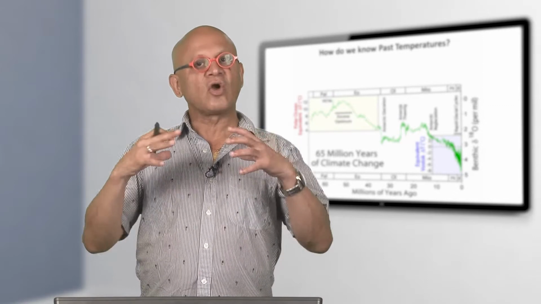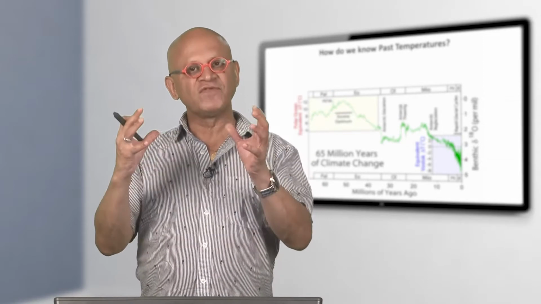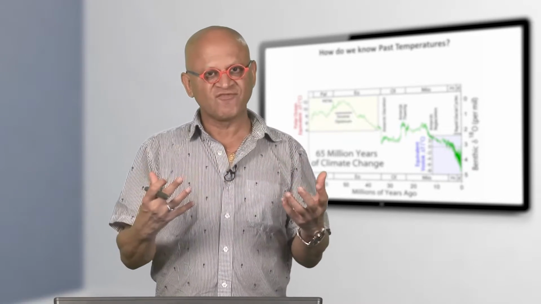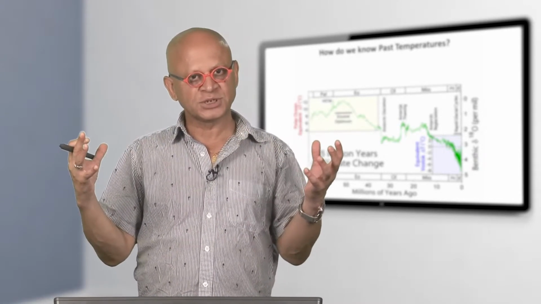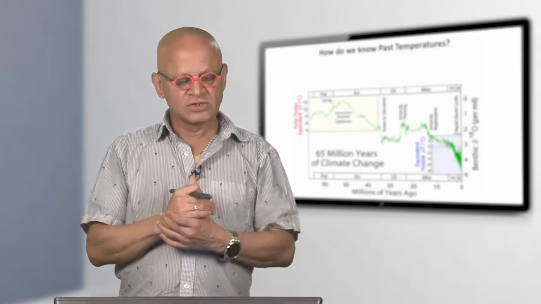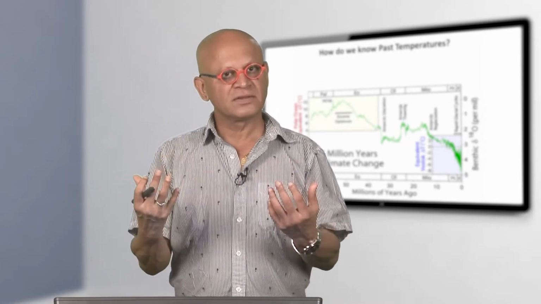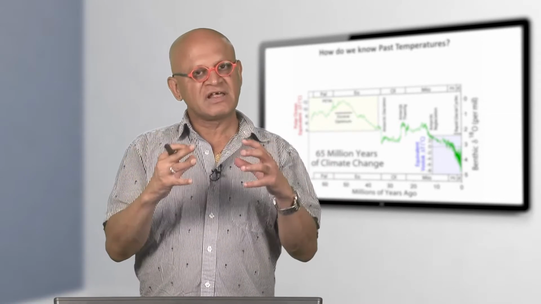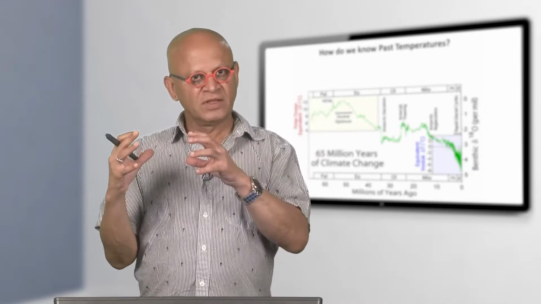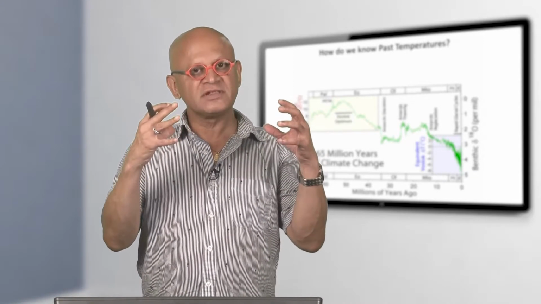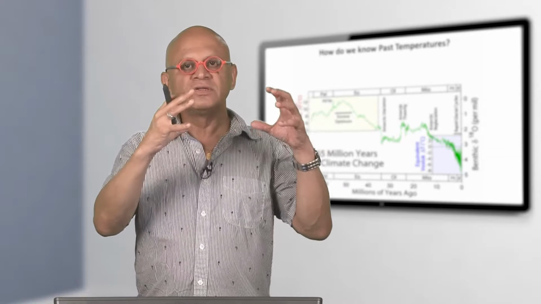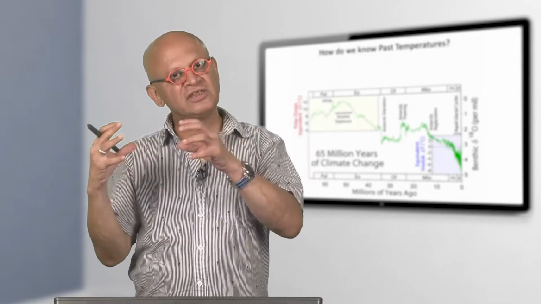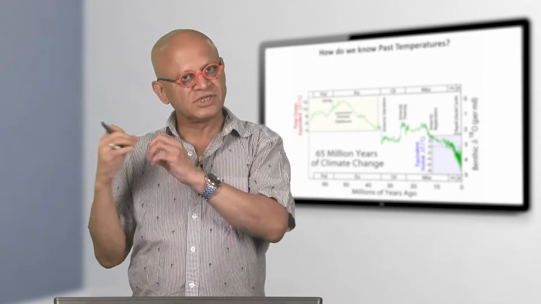Since then, the continents have evolved, they have moved around, mountains have formed, mountains have disappeared, oceans have formed, oceans have changed in shape, depth, etc. So, all those things also affect climate, but more importantly, the sun himself has changed over time. The sun, we won't go into the details, has become more luminous over time, which means the energy coming from the sun has increased over time, which also changes climate.